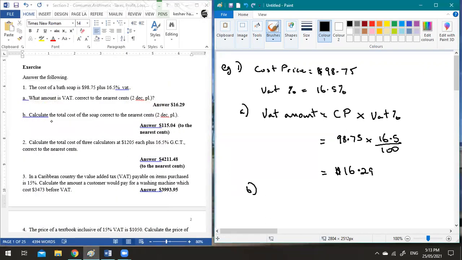So part B, calculate the total cost. Right? So the total cost or the cost after tax will be the cost price plus the VAT amount or the tax amount, right? So $98.75 plus $16.29.